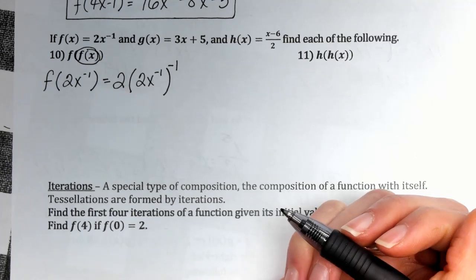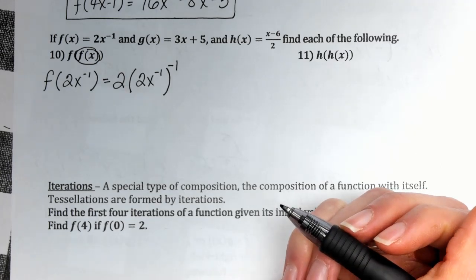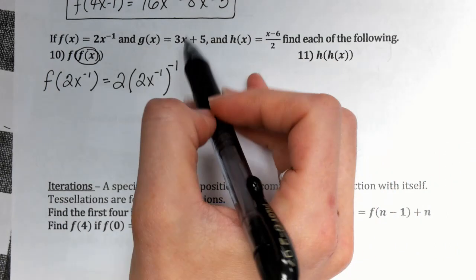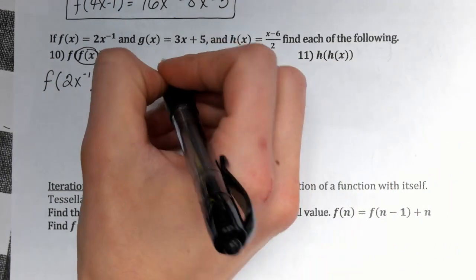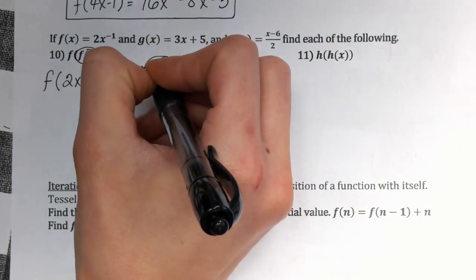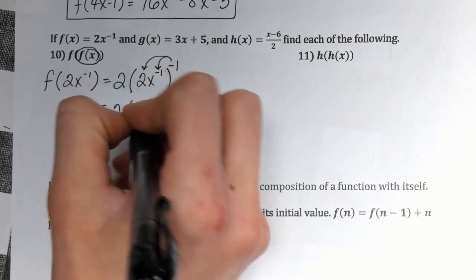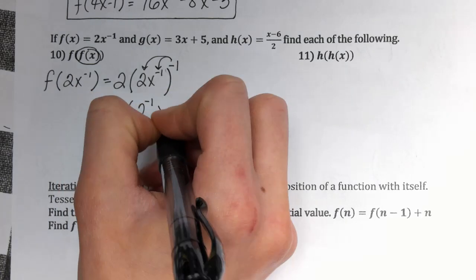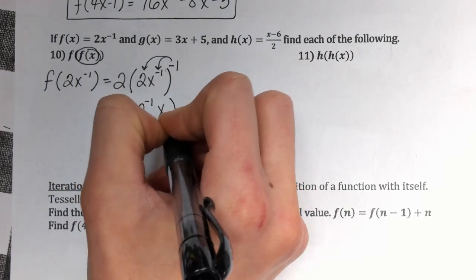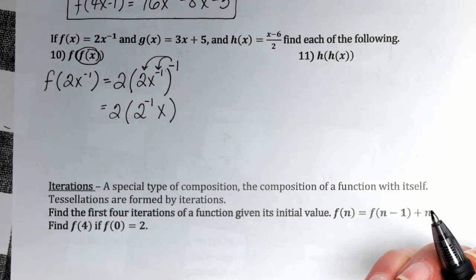Okay? What am I going to do first? Anytime I have multiple terms with an outside exponent, I distribute that outer exponent. So 2 times 2 to the negative 1, x to the positive 1 now.